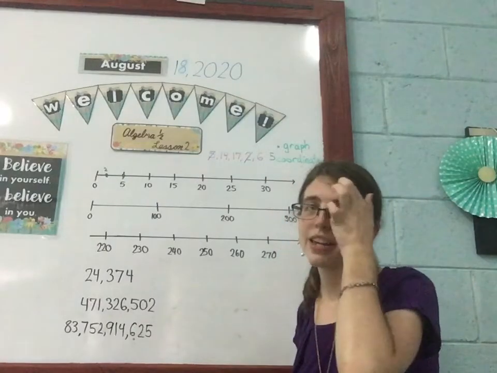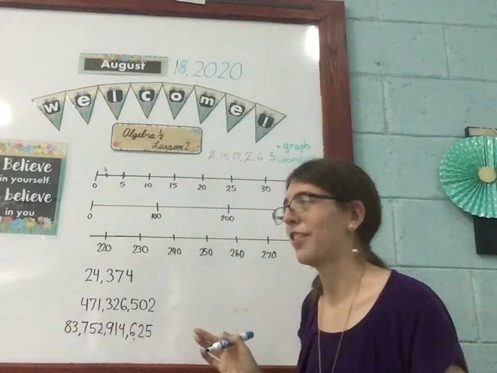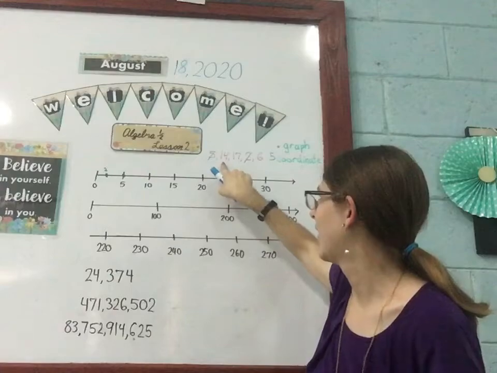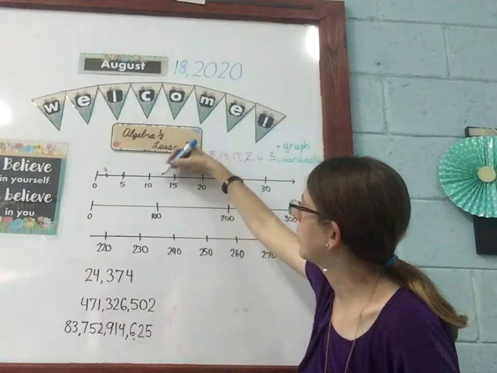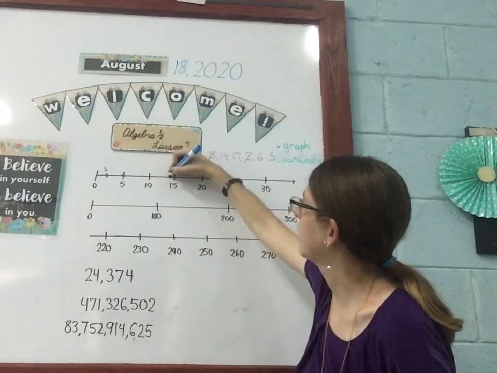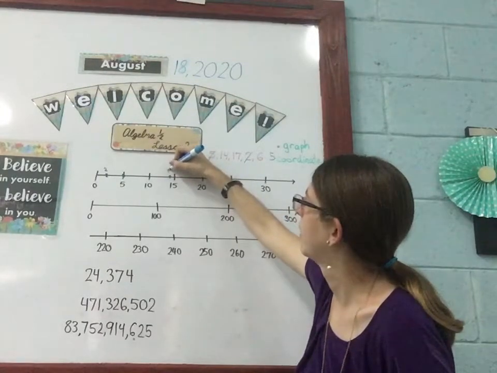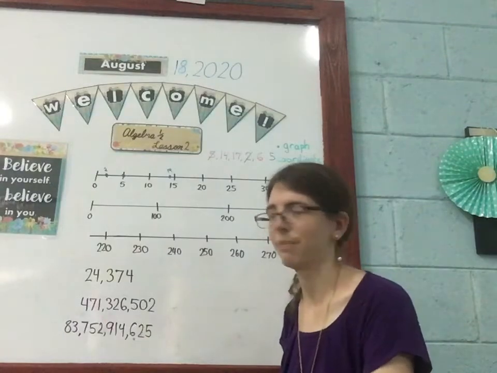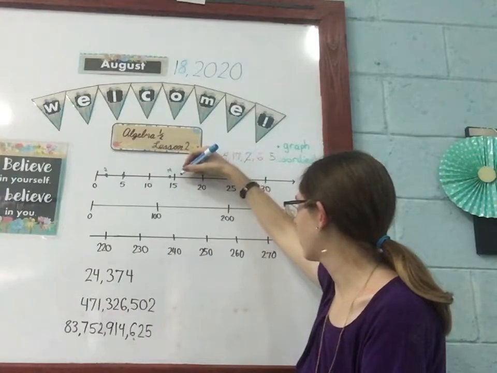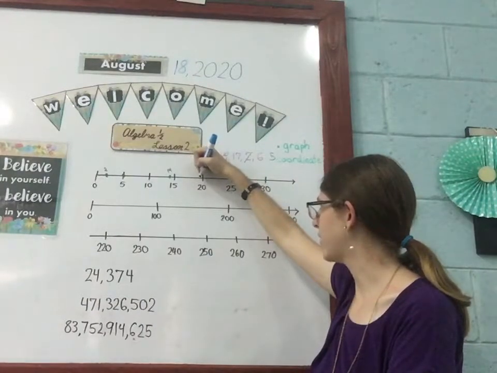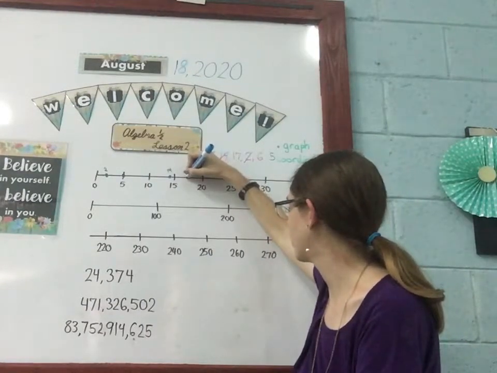Now, I'm going to go back and do them in the order that they're written on the board. 14. Well, here, this is 15 and 10. So it's going to be in between, closer to the 15. So I'll put it right about there and say that that's 14. Now I have 17. Not quite in between 15 and 20, but very close.